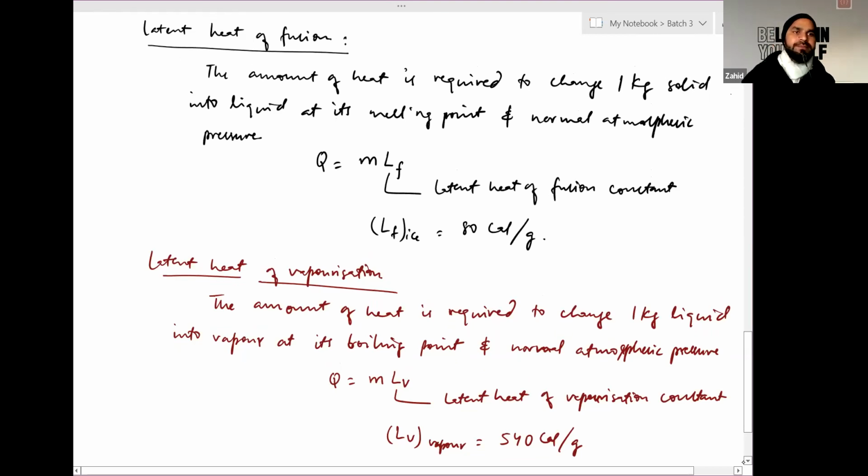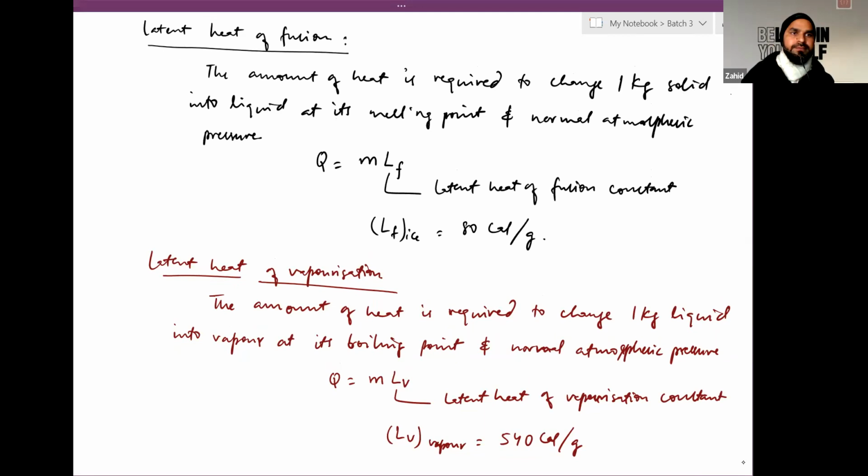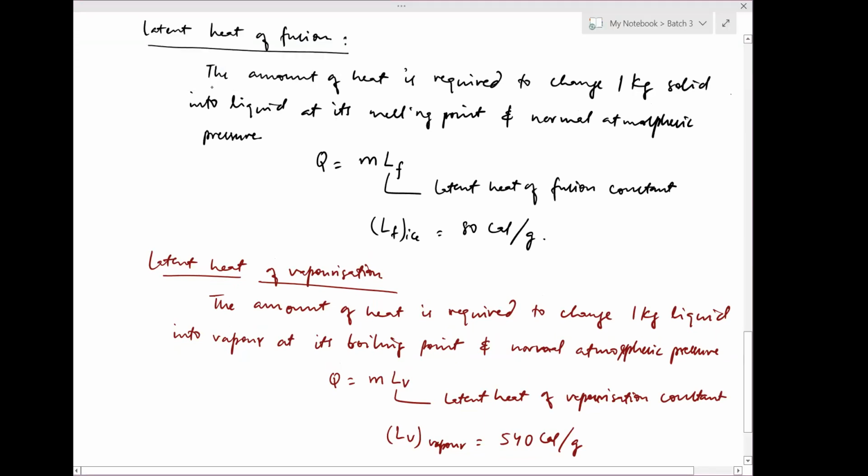Atif, any doubt? So the constant for ice is 80, right? Yes. The constant for ice is 80 or 50? 80 calorie per gram.